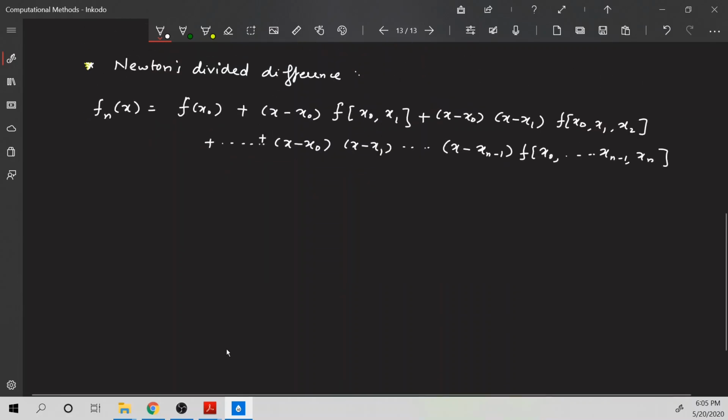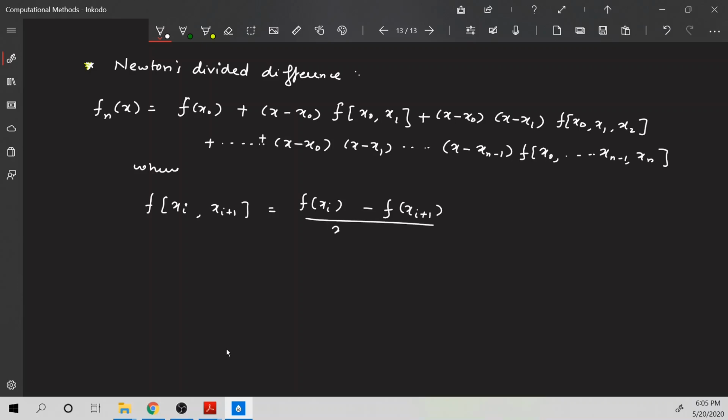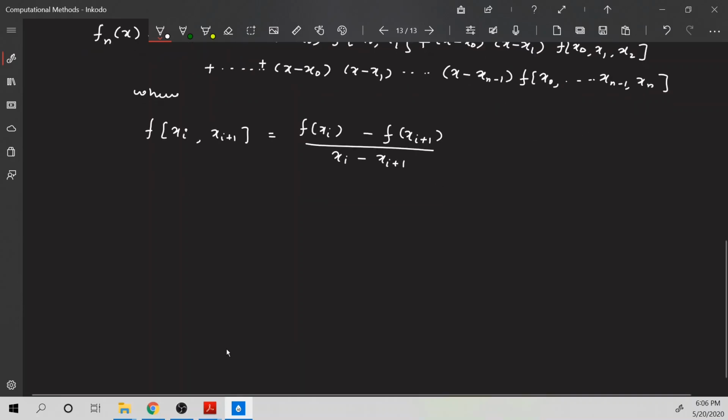The formula of divided difference is f[xi+1, xi] equal to f(xi+1) minus f(xi), divided by xi+1 minus xi. Similarly, let us say we have xi, xi+1, xi+2.